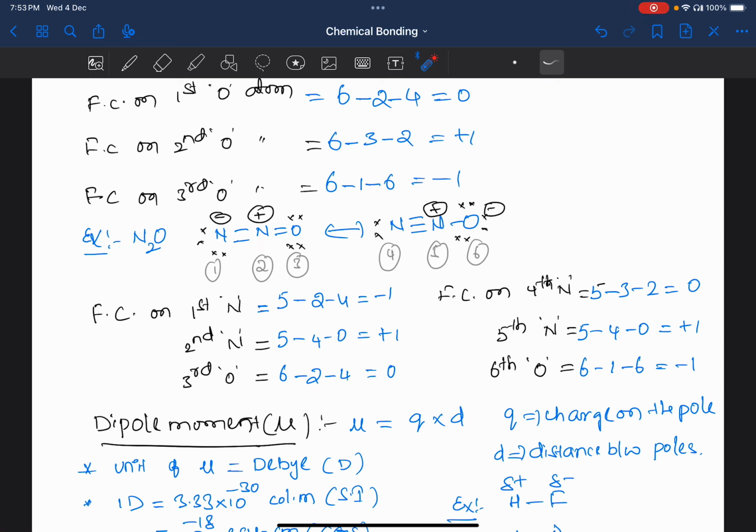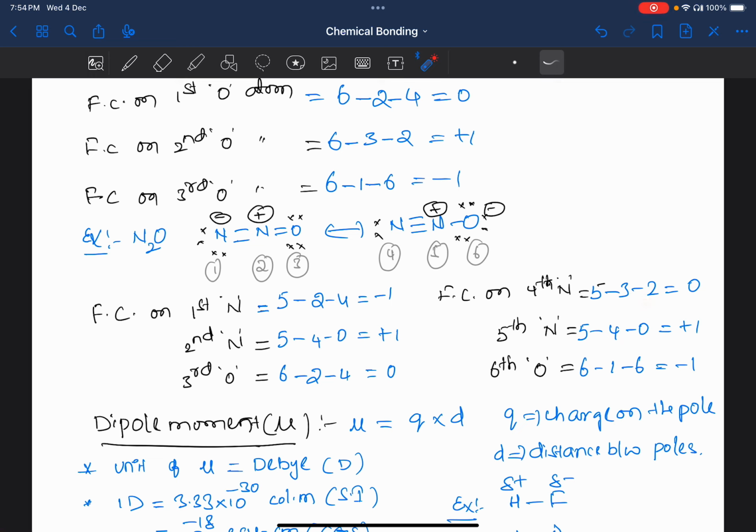And next, the third atom, oxygen. On the third oxygen atom, the number of valence electrons is 6, minus the number of bonds, 2, minus the number of paired electrons, 4. So it possesses neutral charge. And next, the fourth nitrogen atom. Here, 5 minus the number of bonds, 3, minus the number of paired electrons, 2.